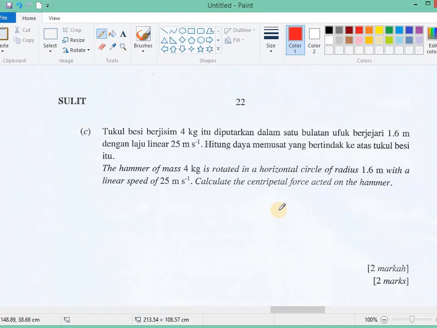The hammer of mass 4 kg is rotated in a horizontal circle of radius 1.6 meter with a linear speed of 25 meter per second. Calculate the centripetal force acting on the hammer. How do we calculate centripetal force? The centripetal force equals the mass times the velocity squared over the radius.